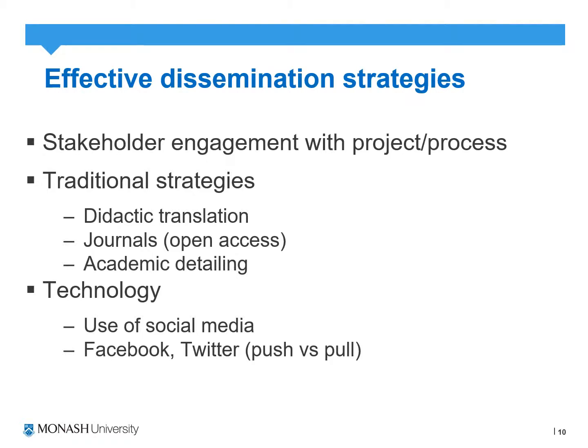So rather than just websites, through social media, Twitter and Facebook in particular, we're seeing this push versus pull effect, where information is being pushed out via Twitter or Facebook and reaches a fairly large audience, and from that the audience can pull more information from websites or other larger repositories.